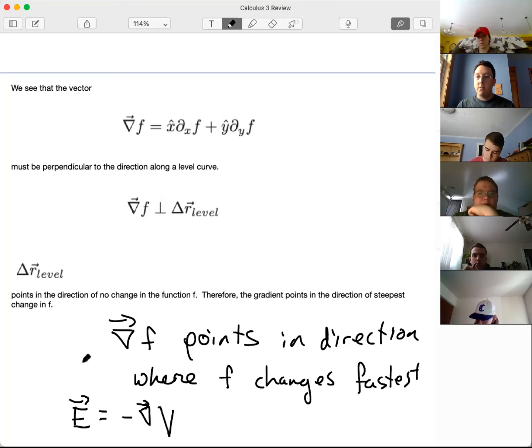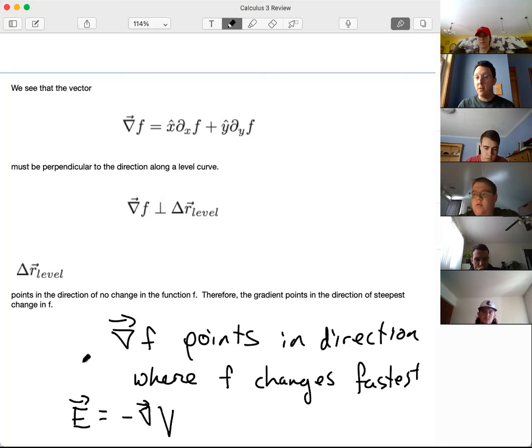What do you know about voltages in a wire, in a metal? What did Tim teach in circuits? What's the voltage drop in a wire? 0. That means voltage is constant in a wire.